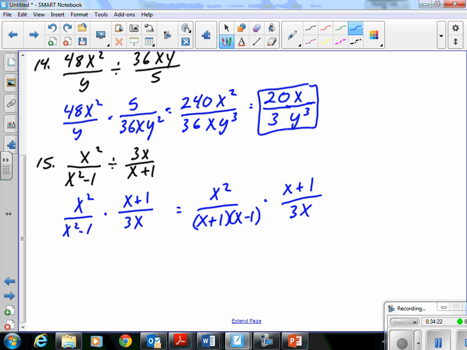So the x plus 1s will cancel each other out. And then your x squared with your x will cancel out one of those x's. Take that down to 1. So it's going to give us x over 3 times x minus 1.